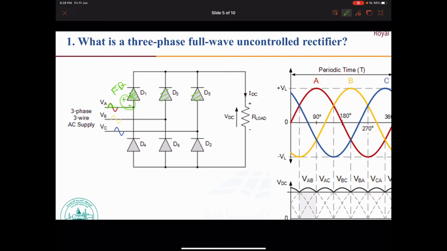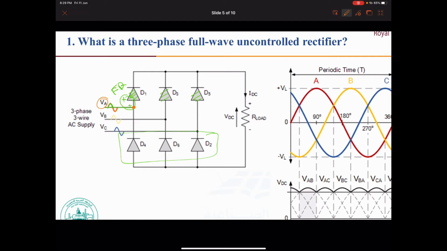Now let us do the same thing for the lower diodes here. I'm going to use another color. Let us assume that for D4 we have now the negative cycle of VA, because VA is connected here.